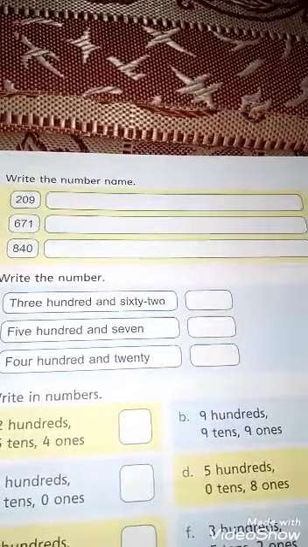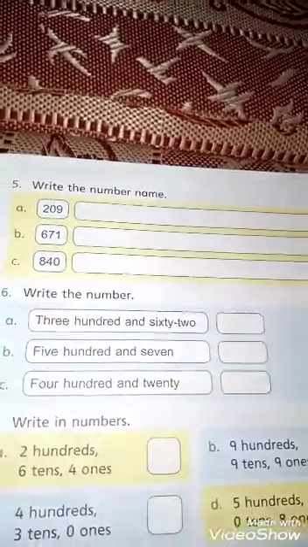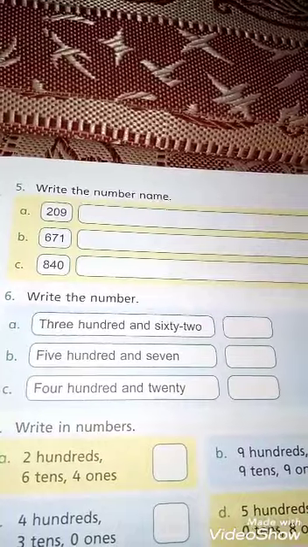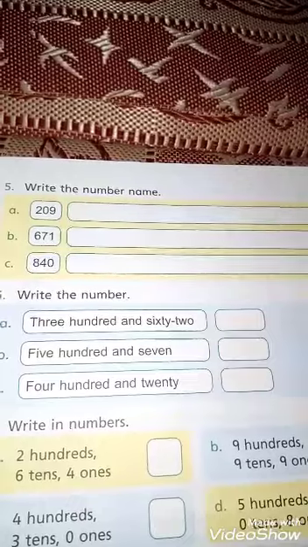Question number 6 is write the number. This is the question: 362, 507, 420. Let's suppose 362.